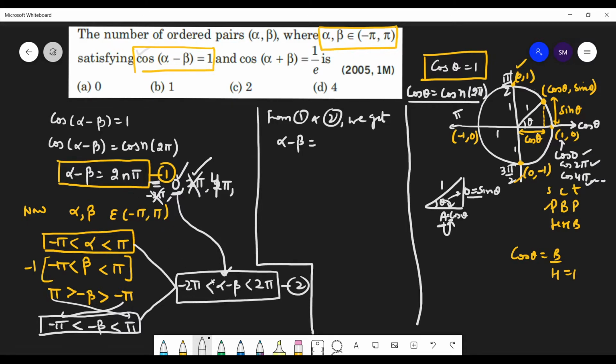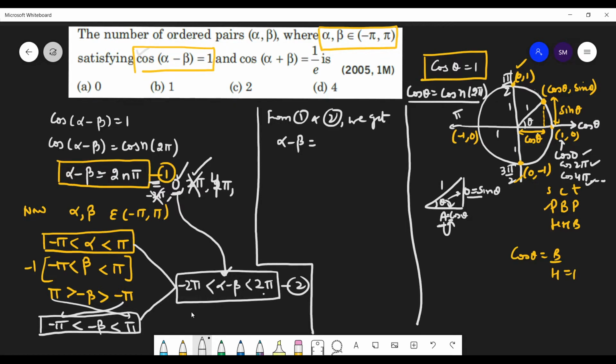So that will be the common solution, which will satisfy both these expressions. So alpha minus beta cannot be minus 2 pi, cannot be 2 pi. We don't have to go up to 4 pi, it only has to stay within 2 pi. So only one value is left for us: alpha minus beta equals 0, which satisfies this inequality.